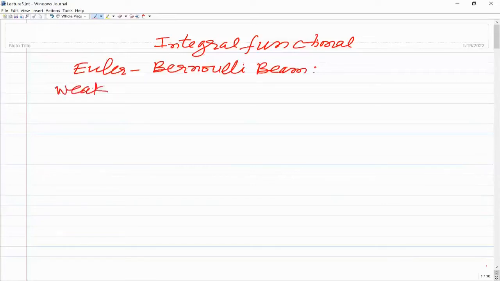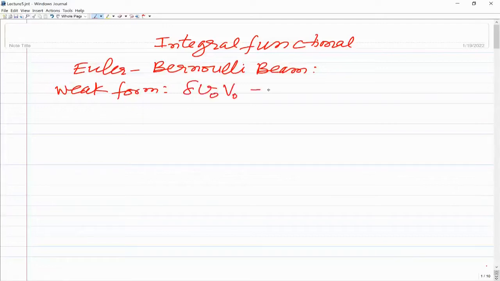So if you look at the last lecture, the weak form, after denoting various secondary variables in terms of shear force and bending moment, we have written this as, small v is the transverse deflection of the beam and capital V is shear force.